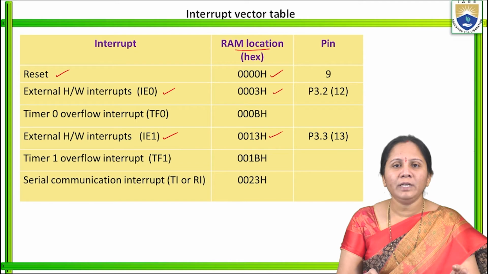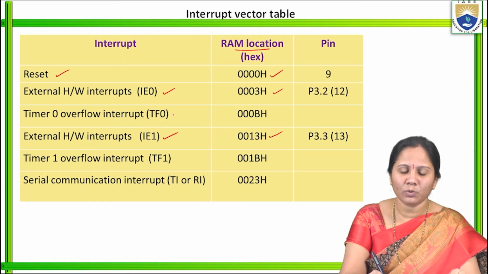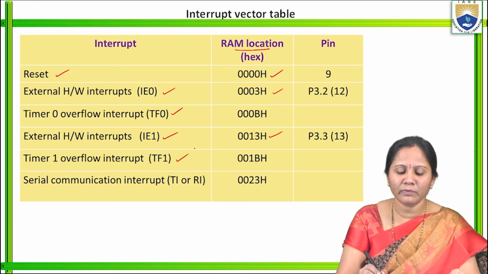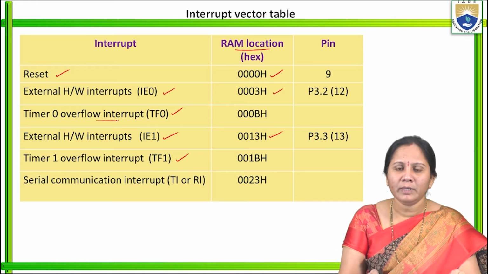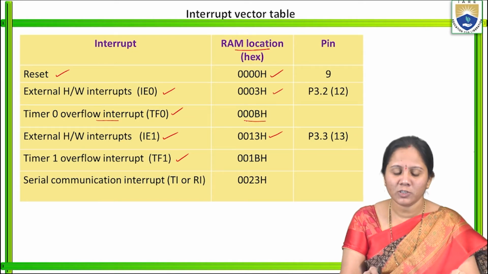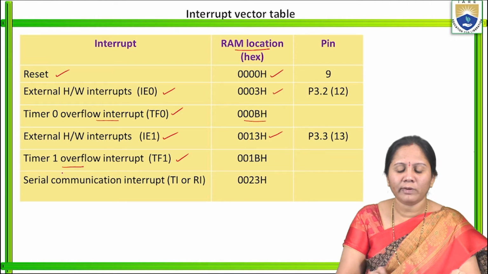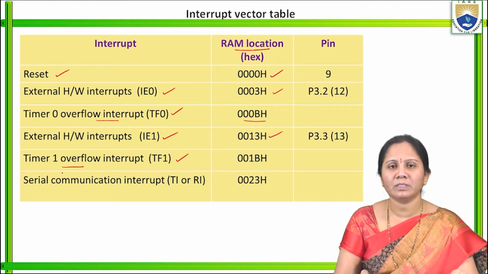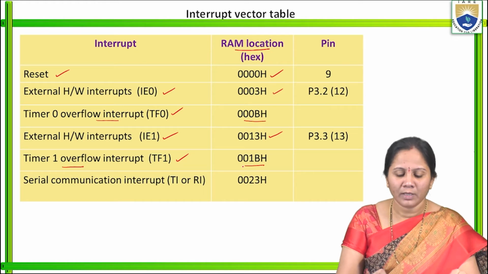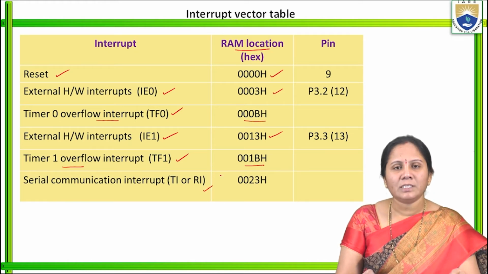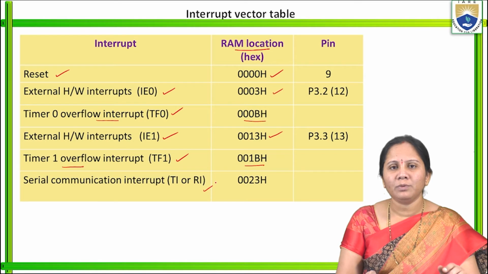And 2 interrupts are related to timers. Here the timer related interrupts are TF0 and TF1. So the timer 0 overflow interrupt has a fixed address in the RAM, that is 000BH. And the timer 1 overflow interrupt also has a fixed address in the RAM, that is 001BH. And the next interrupt is the only 1 interrupt related to serial communication.